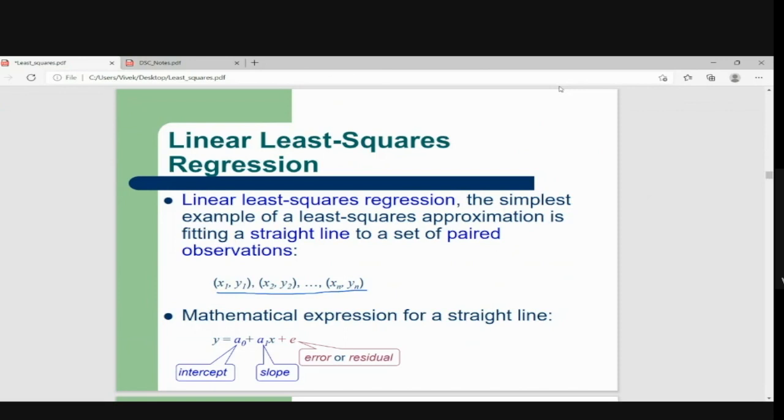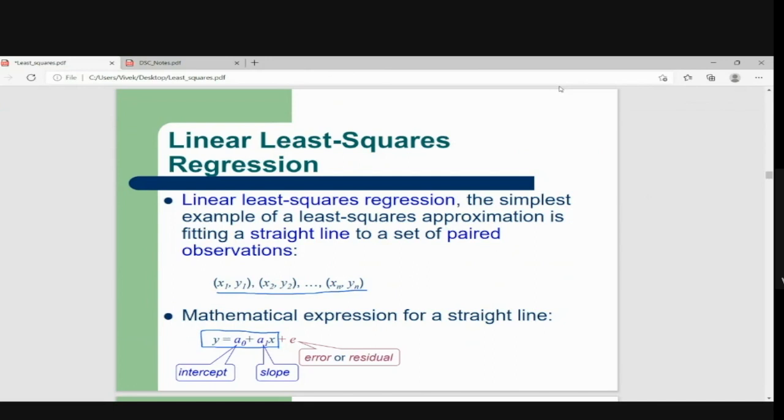Basically this is the equation of a line. We need to find a0 and a1. If I substitute x1 here, I should get y1, and if I substitute x2, I should get y2. Maybe I can write down how this error comes up.